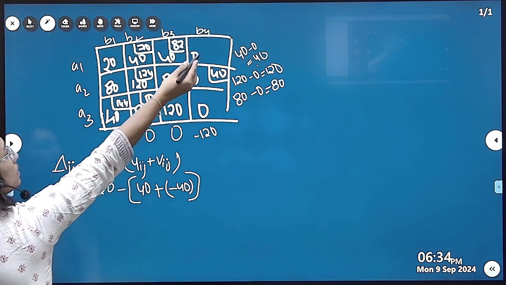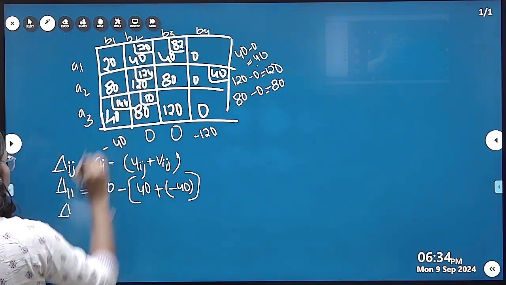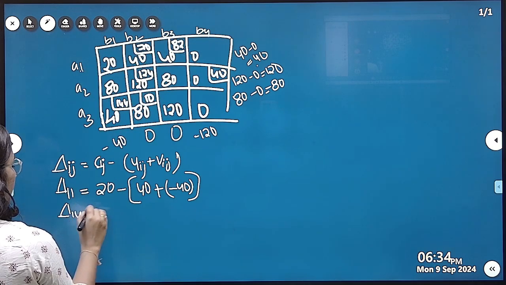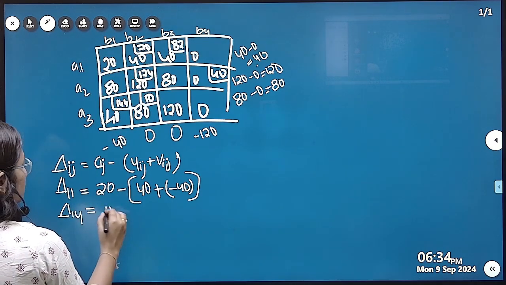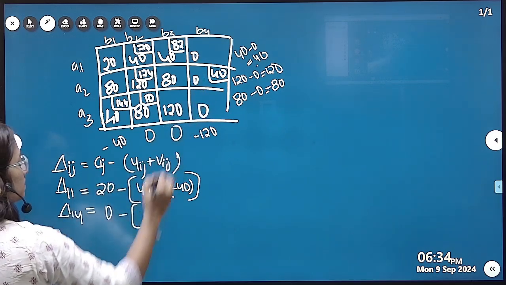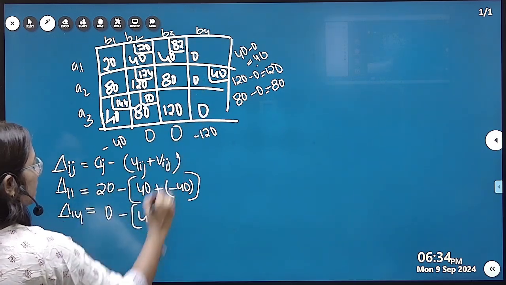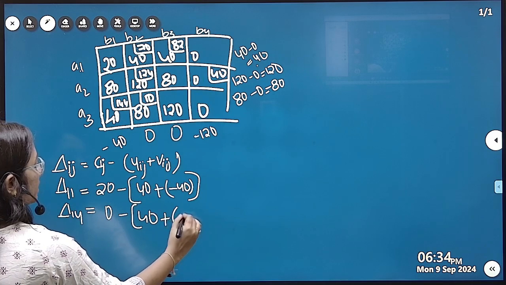Clear? Next unallocated cell is this one, A1 and B4, so we'll take 1,4. The value is 0 minus 40 plus minus 120.